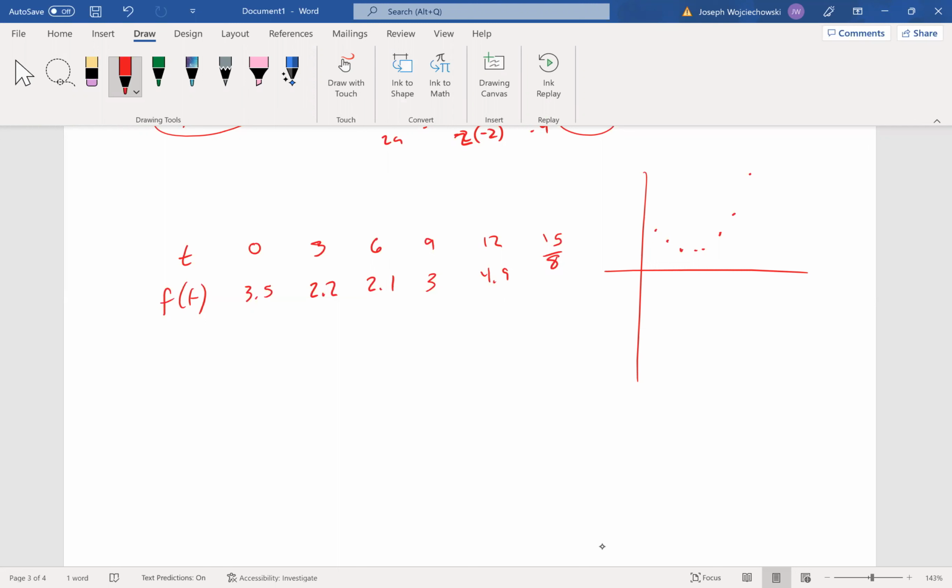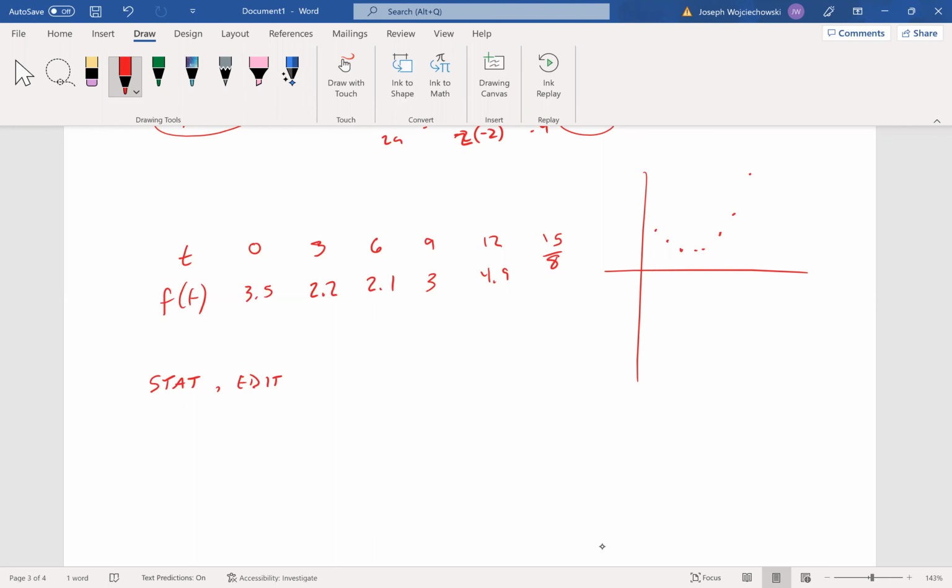So we follow the same process as we did with the linear. So we're going to hit stat, edit. If you got anything in there, delete it. Okay, make sure you have nothing in list 1, 2, 3, or any of the other lists.